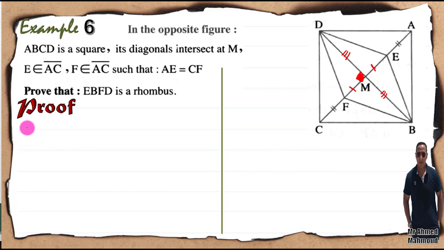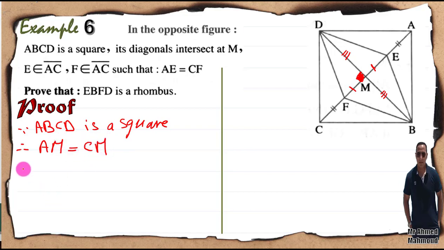Again, since ABCD is a square, therefore AM equals CM, and since AE equals CF, now by subtracting.